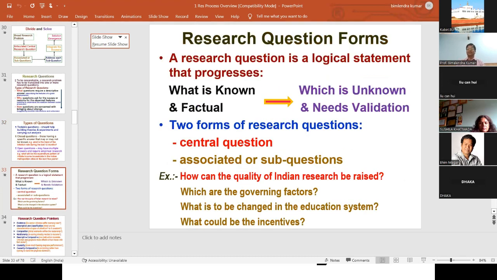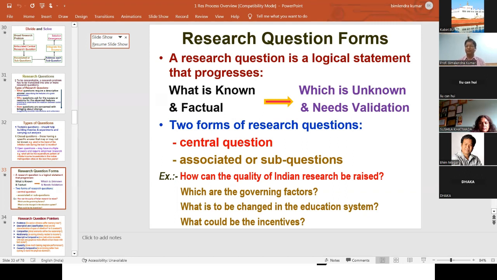A research question is a logical statement that progresses from what is known and factual. So when any question arises in your mind, it means there are already some known facts, and based upon those known facts, there are some things which are unknown, and this is called research.